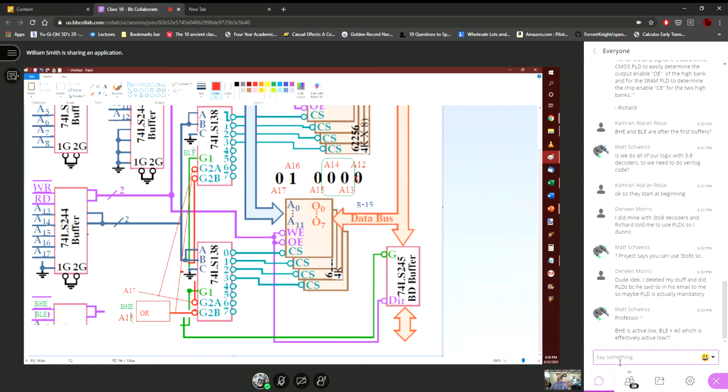This goes, okay, except I can't do that. I don't want to do that. Hang on. All right, so that's going to work there. This one's going to be A17 for both of them. And I'm going to have another OR gate. And this is also going to have A15, but now it's going to have BLE going into it.